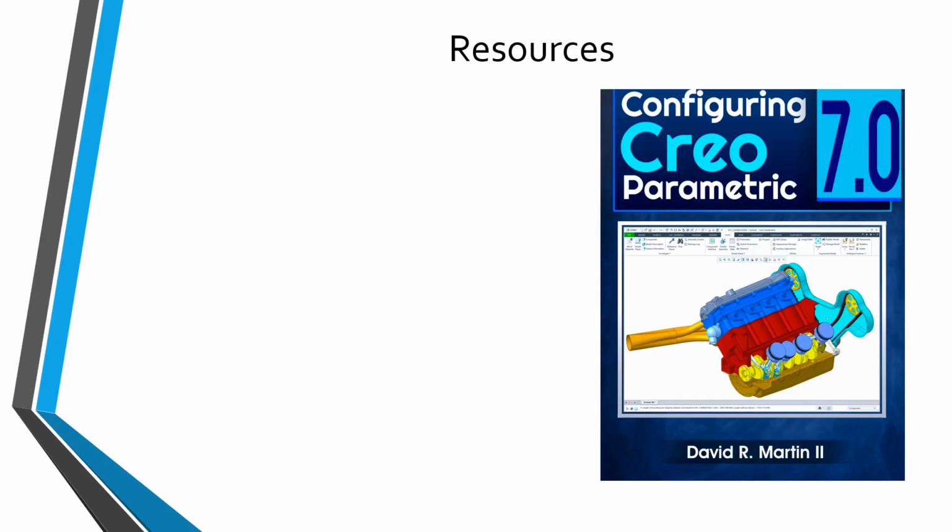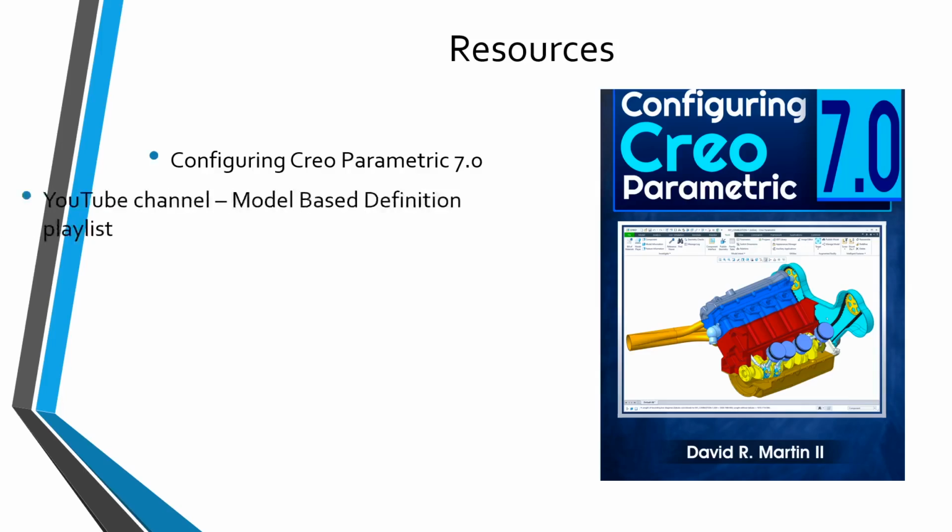All right, let's talk about some resources that you can use for getting started in this. I do have a book on configuring Creo Parametric 7.0. Once a quarter, it is free to read for 5 days. I'm not just trying to get you to buy my book, although I'd greatly appreciate it if you did. And there's a lot of information in the book about setting up model templates, especially setting them up for model-based definition.